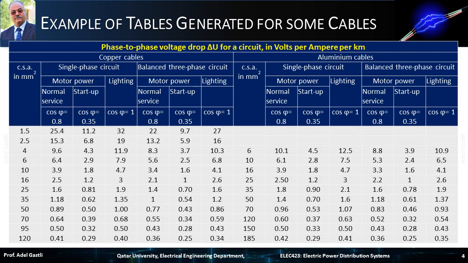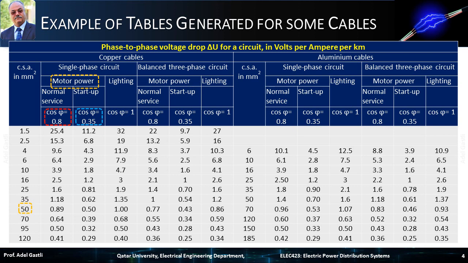This is an example of a table generated for some cables, with different cross-sectional areas, and for different power factors, depending on the type of load and service. For instance, consider a cable of cross-sectional area 50 square millimeters, feeding an electric motor, with 0.8 power factor at normal operation and 0.35 power factor during startup.